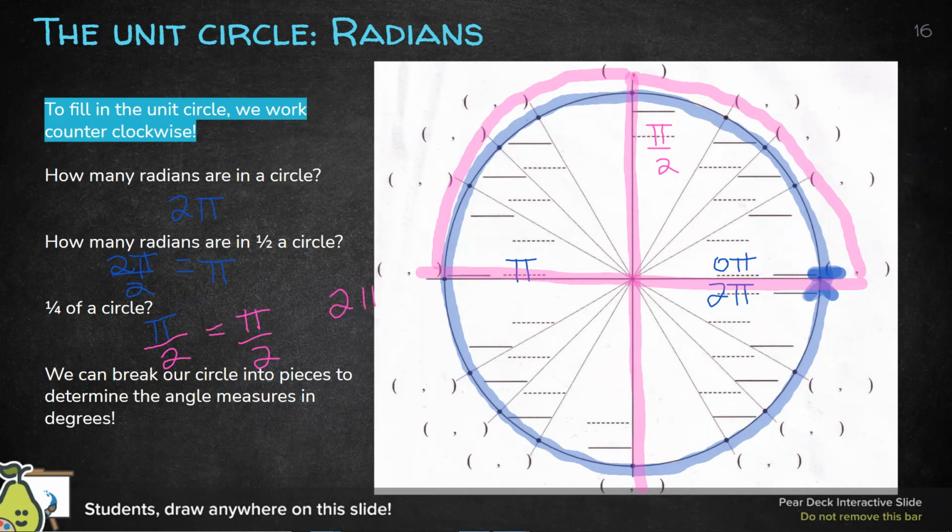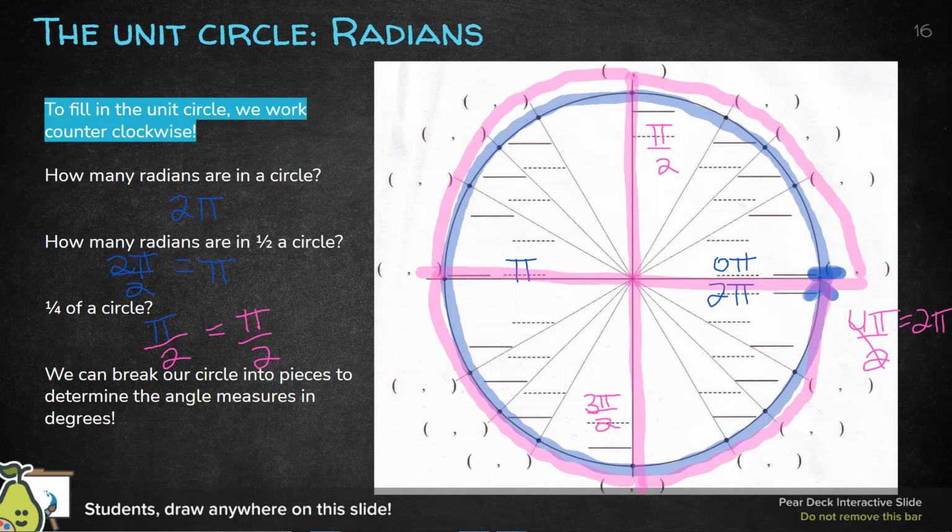So we're back where we started at pi radians. And then if I go another quarter, that's going to be 3 pi over 2. And finishing the circumference, I'm going to end up at 4 pi over 2 radians, which again reduces to 2 pi, which we already had.